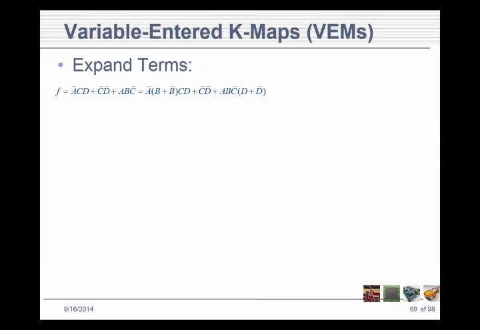So I expanded it, and that first term then would need a B in there. So I ANDed that with B and not B, and then you see the CD there too.